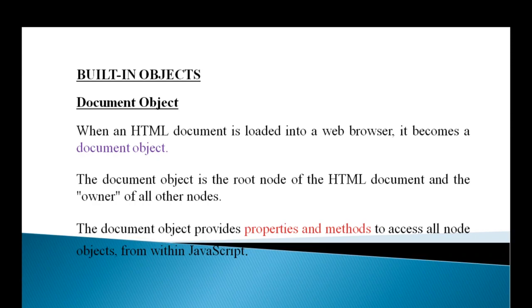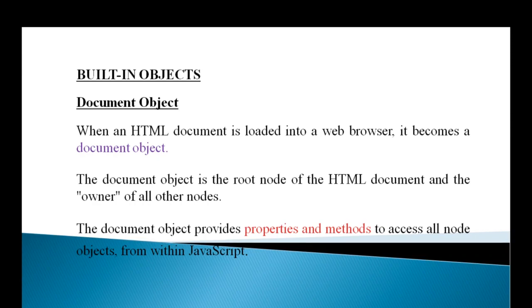What is document object? Every web page resides in a browser window which can be considered as an object. When an HTML document is loaded in a browser, it becomes a document object.